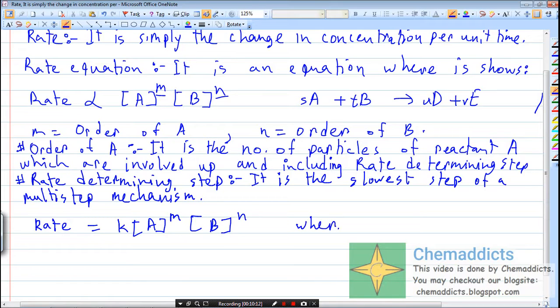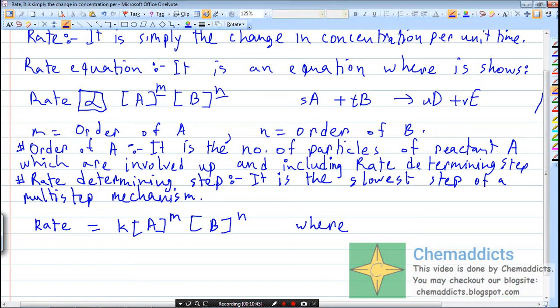Here we have removed the proportional sign and introduced an equal sign. When we introduce an equal sign, there should be a new quantity called a constant, just a simple arithmetic issue of proportionality.